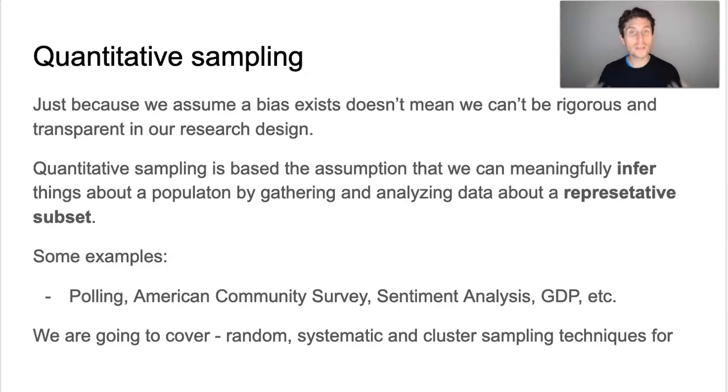And so I want to offer that as a caveat as we move forward: the techniques that we'll talk about, which are random, systematic, and clustering for assembling a sample in quantitative research, all have their downfalls, just like the biases that are going to be introduced in doing qualitative research. All right, so let's jump in and look first at how we randomly sample from a quantitative approach.